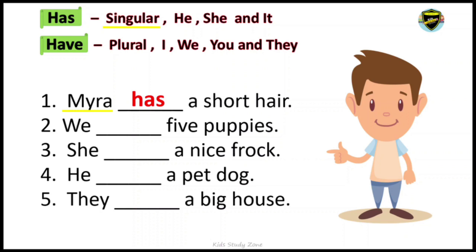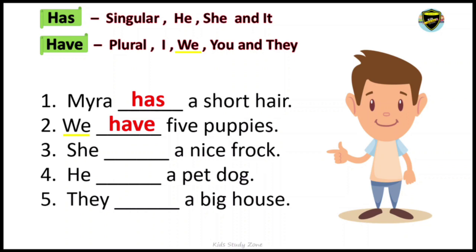Now, let's see the next one. We dash 5 puppies. So, we can see the word we and in the rule box it's there. With we will use have. So, we will highlight it. We. Now we will write we have 5 puppies.